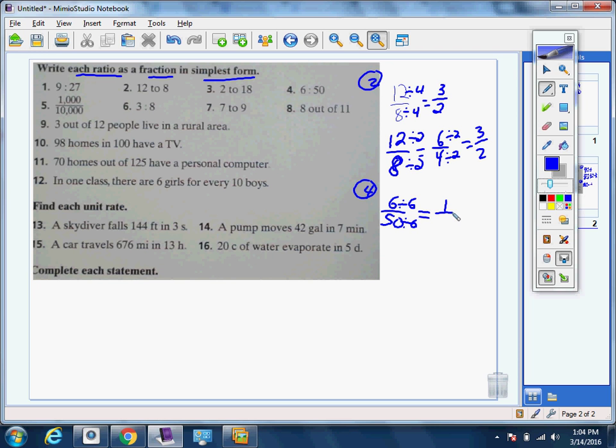6 divided by 6 is 1. 50 divided by 6 is 12. Nope. Did I do that right? Let me see. No, that's not right. I still didn't get it right.